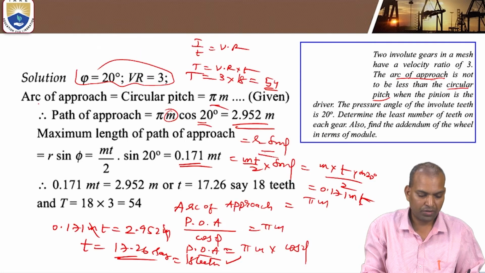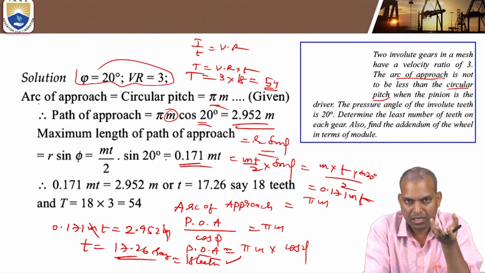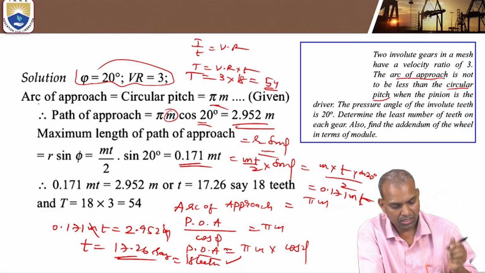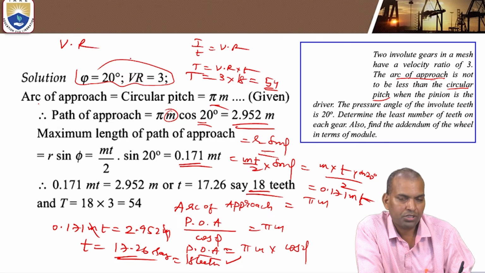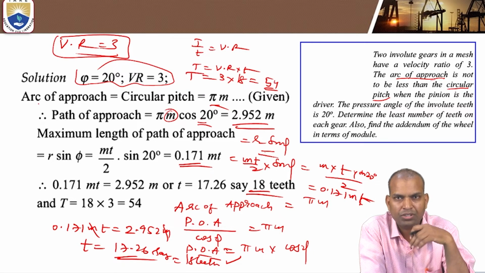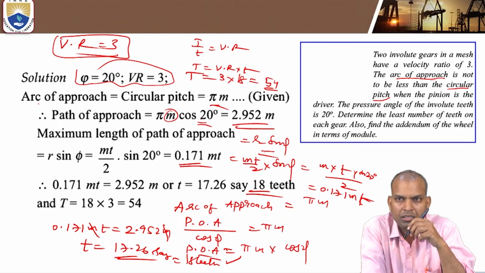So the least number of teeth on the larger wheel is 54 and the smaller wheel is 18 teeth, such a way that the velocity ratio can be reached to 3 value, when capital T equal to 54 and small t is 18.